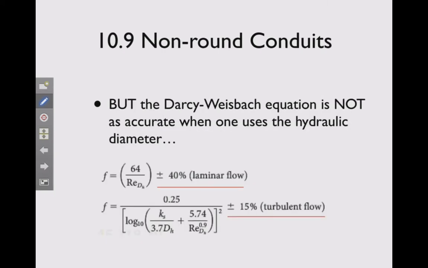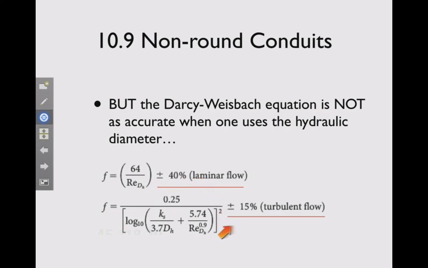And then it's important to note that it's not as accurate when we use the hydraulic diameter as it is when we use the Darcy-Weisbach formula for true circular conduits. We can only expect laminar flow to be plus or minus 40% accurate, which is not really that good.